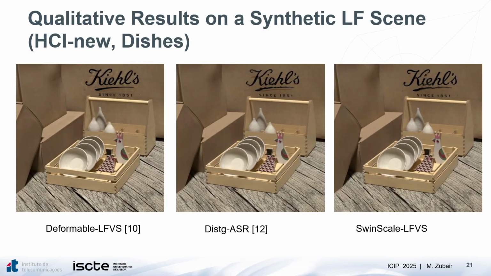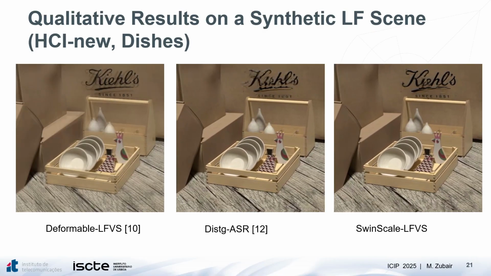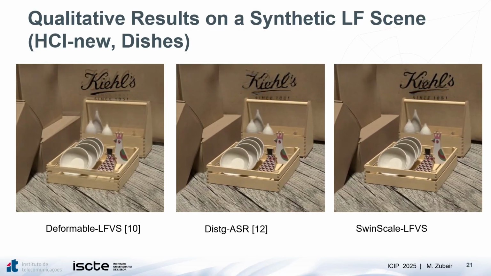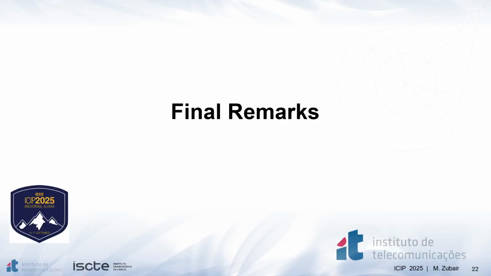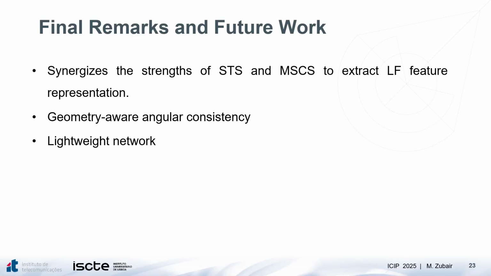Now in the next slide, I show the qualitative result through video. As you can see on the screen, our video has clear detail as compared to other methods. Now in the next slide, I move towards the final remarks.